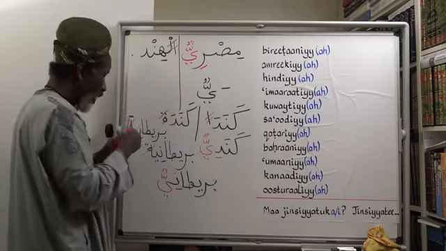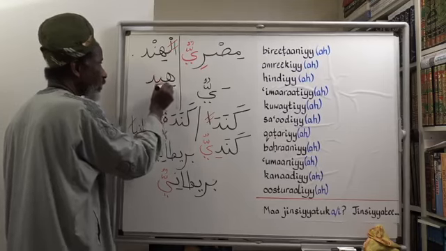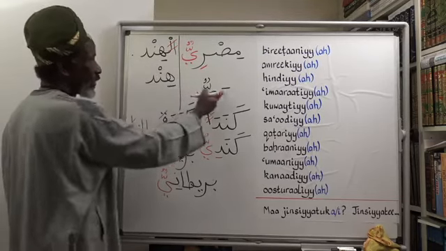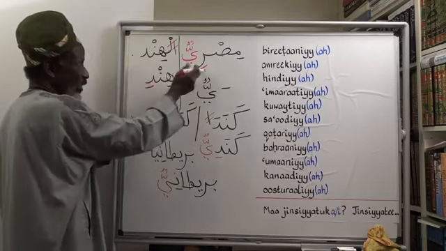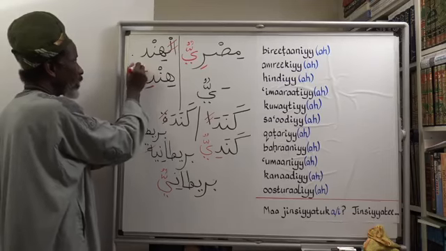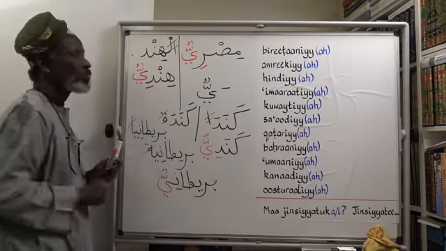So now you have the ha, that is your ha, and nun. Then do this kasra, just as you did here, and then add this one here, which is a double ya with shadda. Hindiyun.